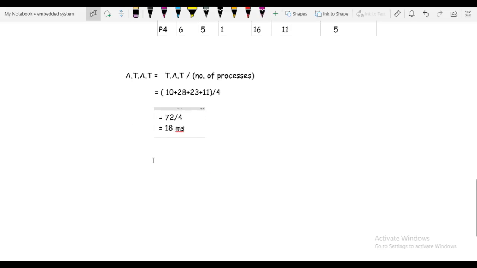Now what is the average waiting time? Average waiting time is the sum of waiting times by 4.